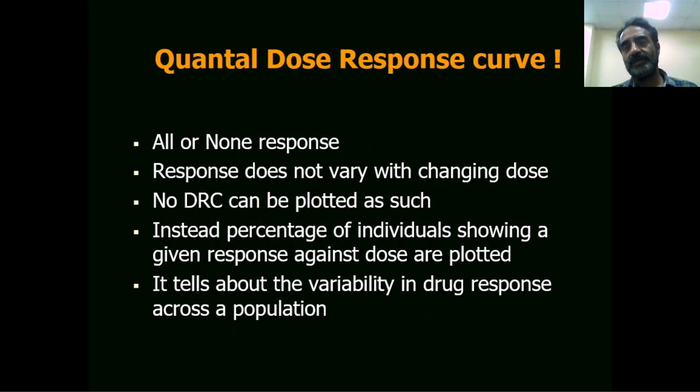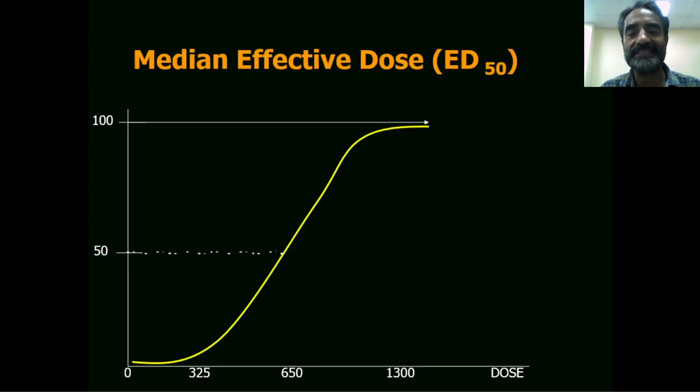You know, there is variability across the population for different biological parameters. Similarly, the drug response can also vary across the population, and that is what we can plot in a Quantal dose response curve. So you can see it over here.